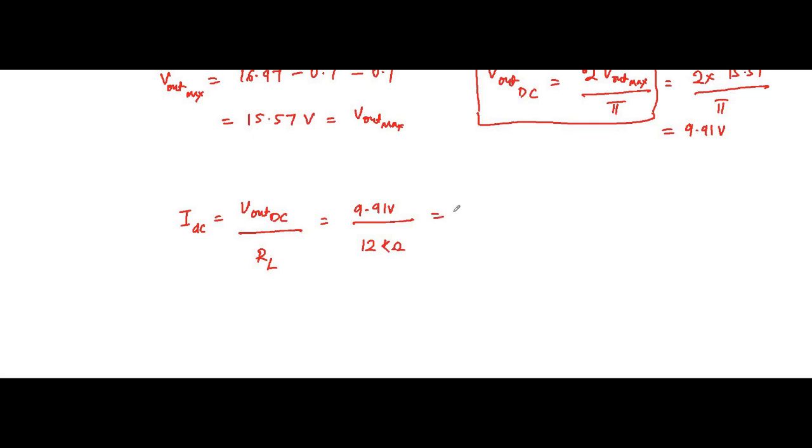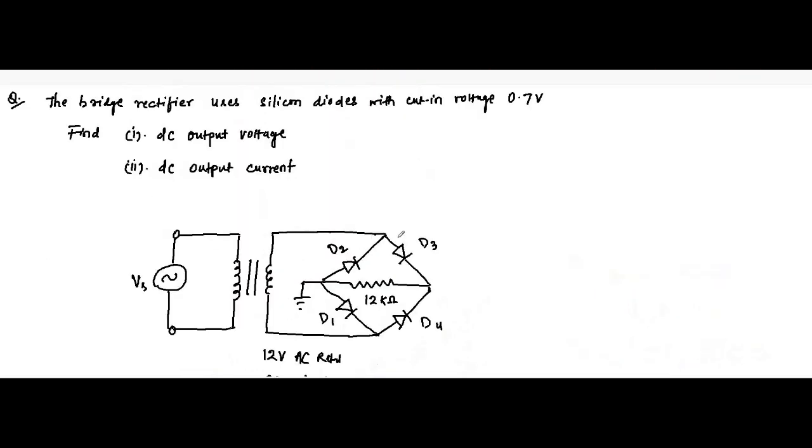It is coming 0.000825, so we can express it as 825.8 microampere. This is the DC value of the output current.